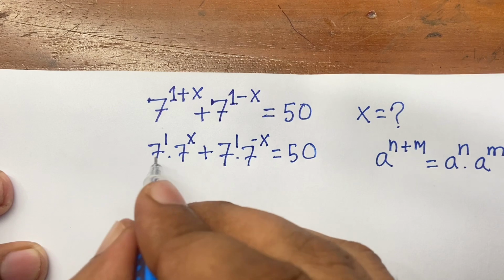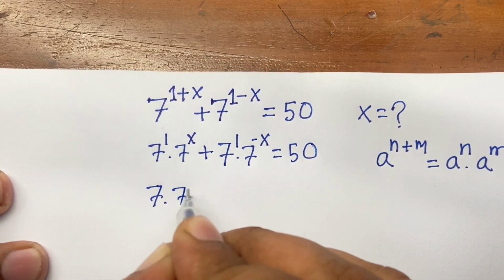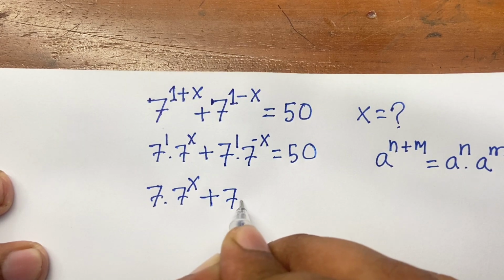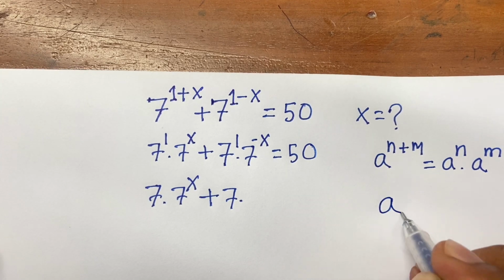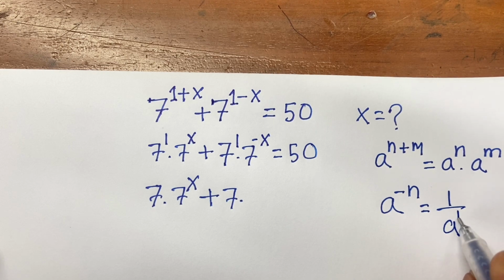Now 7^1 equals 7, and according to exponential rules, a^(-n) equals 1 over a^n.